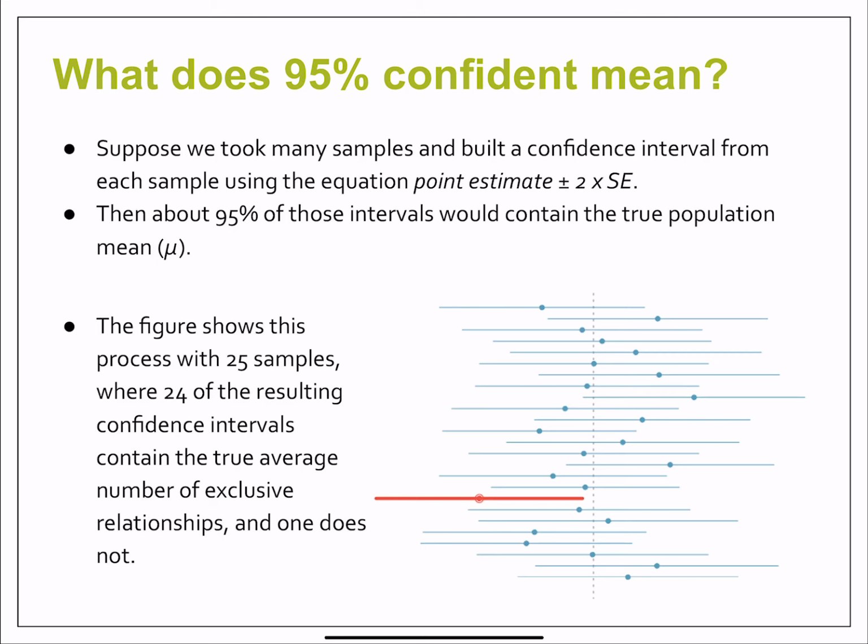Only 5% of all samples don't actually include the actual population mean, right? And it's kind of like a visual representation. You can see this red dashed line going straight down the middle is the actual population parameter, and that red line is the only one that did not touch the actual number. It did not include the actual number we're looking for, right?